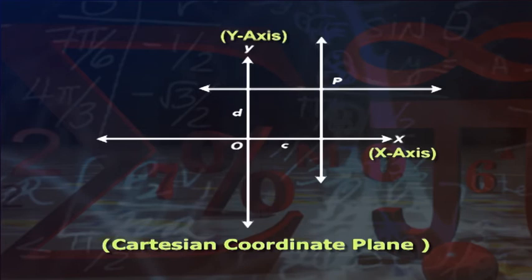Also, the other way, when a point P is given in the Cartesian coordinate plane, we can associate with P an ordered pair of real numbers (c, d), that is, an element of R squared, by drawing two lines through P which are parallel to coordinate axis and then associating with the intersection points the real numbers c and d on the x axis and y axis respectively as shown in the figure.